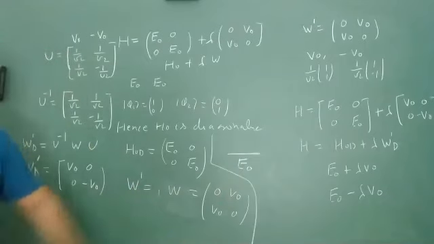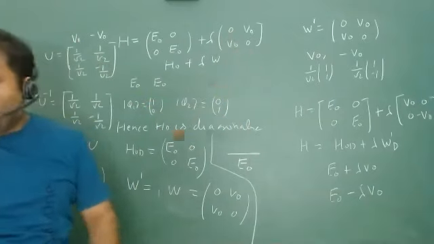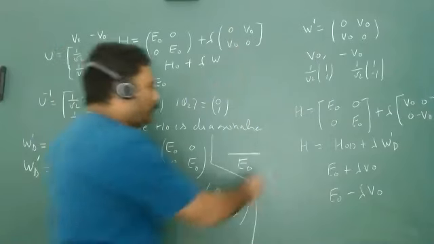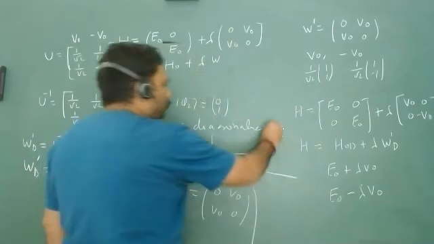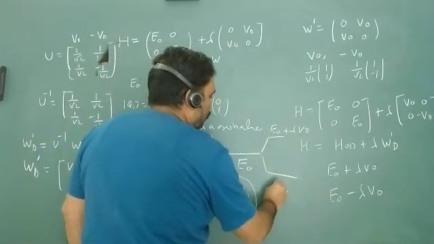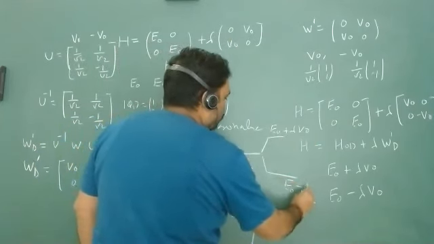Now you give some extra field, an extra potential. This perturbation breaks it down, and you get two eigenvalues: one is E naught plus lambda V naught, another is E naught minus lambda V naught.